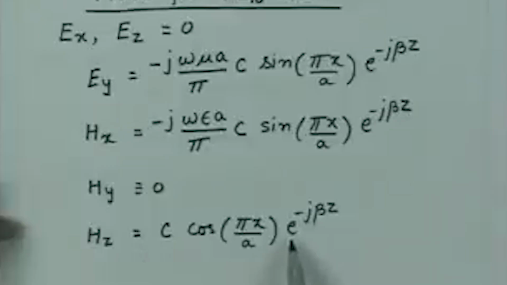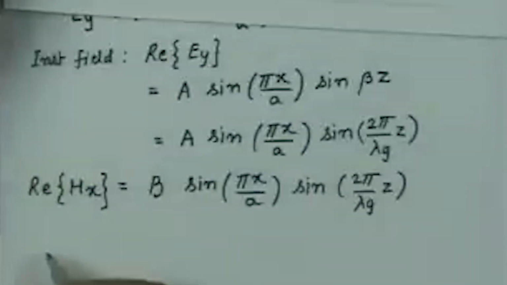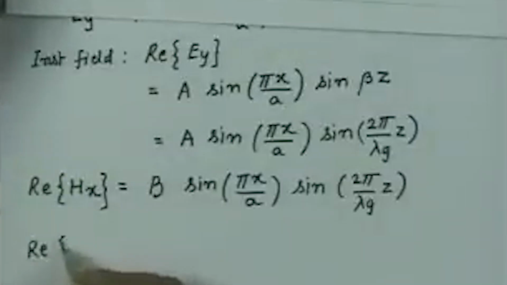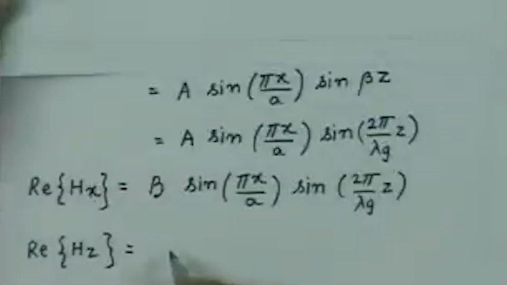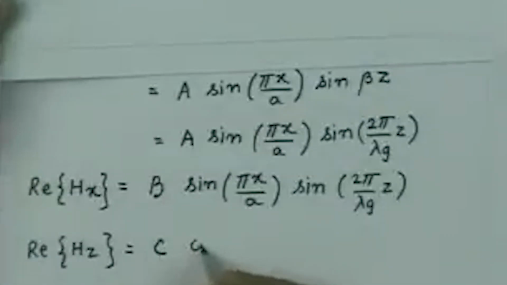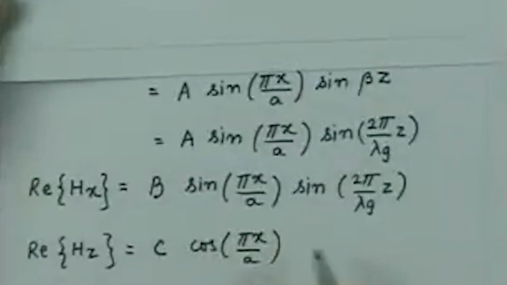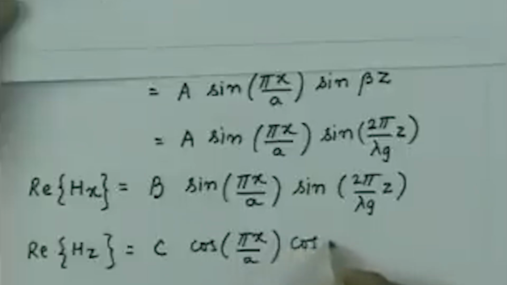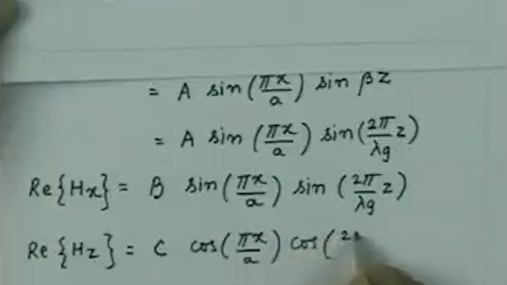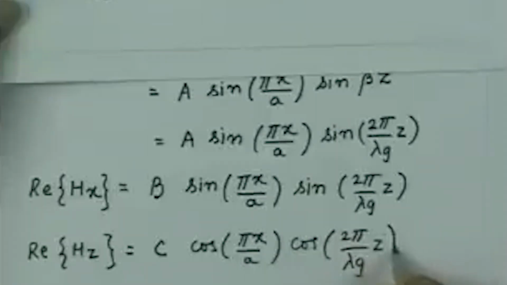So, if I take real part of this, this will be simply cosine of beta z. So, the real part of the H z will be equal to this constant c cos of pi x upon a cos of beta z, which is 2 pi by lambda g into z.